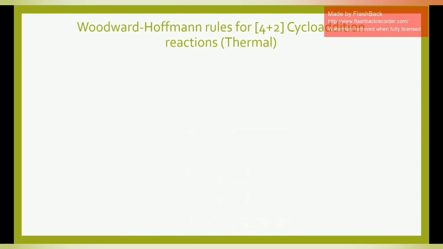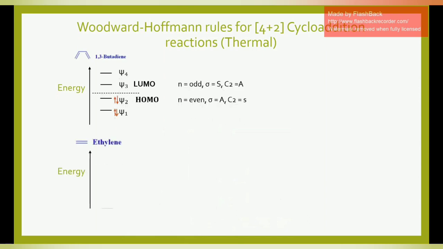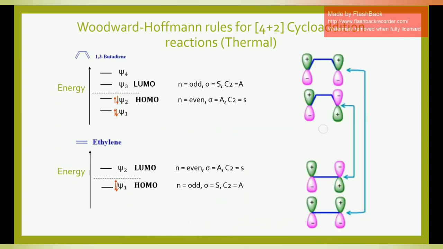Woodward-Hoffmann rule for 4 plus 2 cycloaddition reaction. 4 plus 2 cycloaddition reaction in thermal condition. In 4 plus 2 cycloaddition, under thermal condition, Ψ2 and Ψ3 of 1,3-butadiene are HOMO and LUMO respectively.